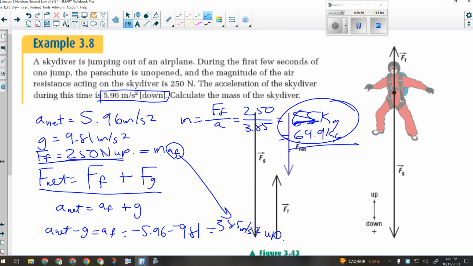Good eye. That's a 4. And 64.9 kilograms would be the mass of the skydiver. Now, as long as we understand that acceleration and force have the same relationship, that's really what we need to get out of these.